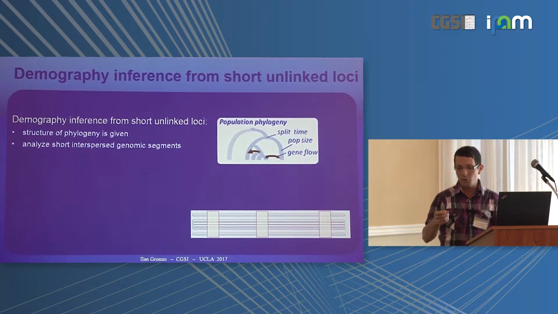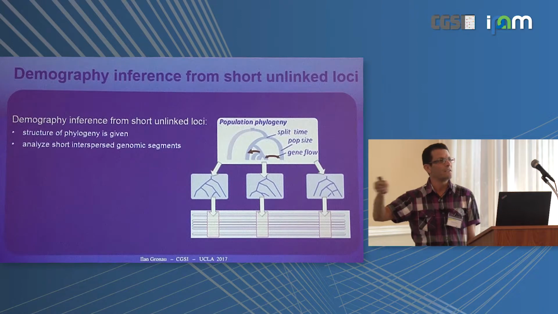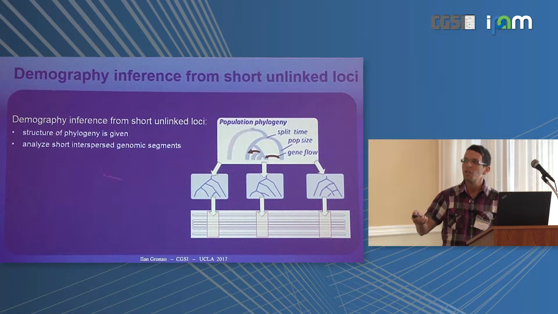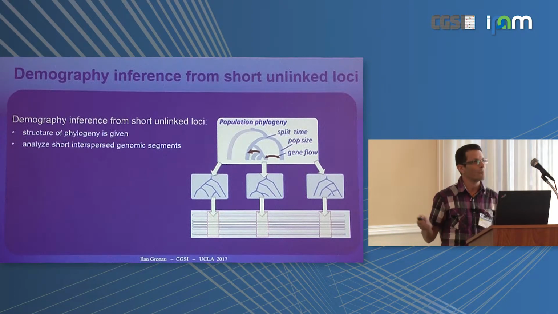The way that really helps is that now you can assume that your data is governed by a series of independent local genealogies that are just trees, and you hope to get enough information about these trees to give you information about the population history.